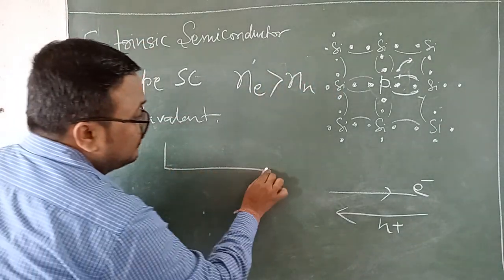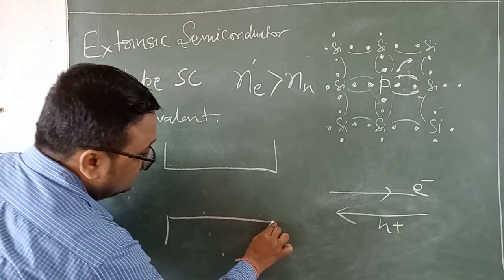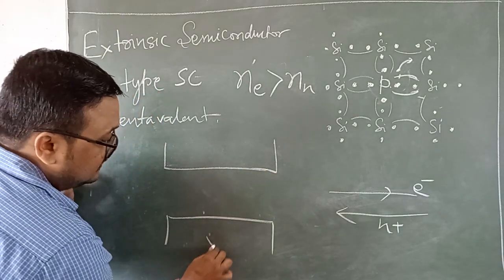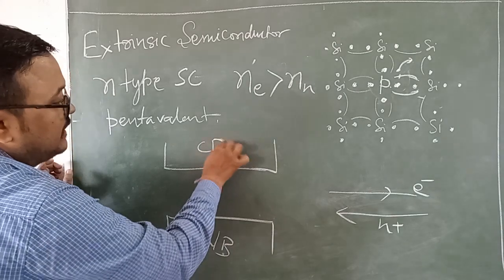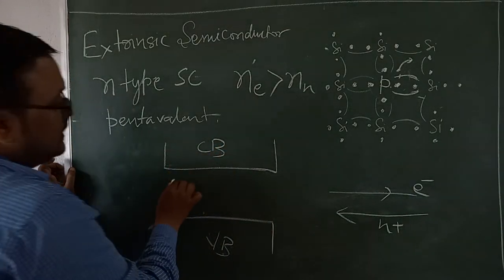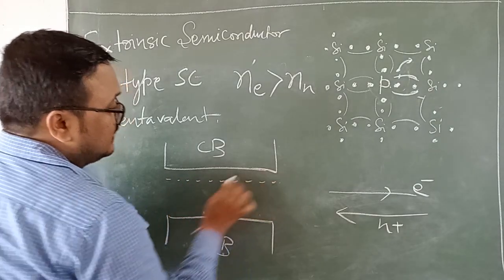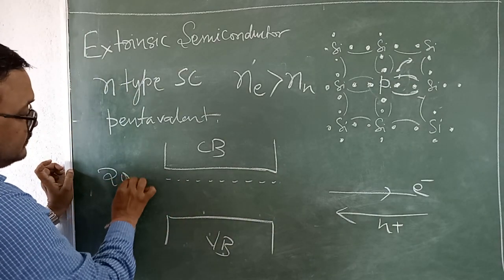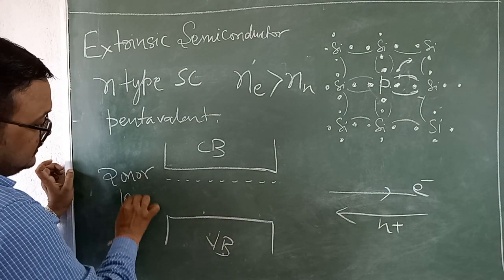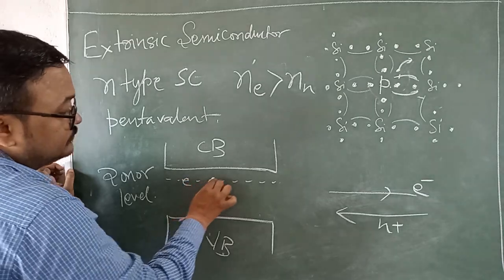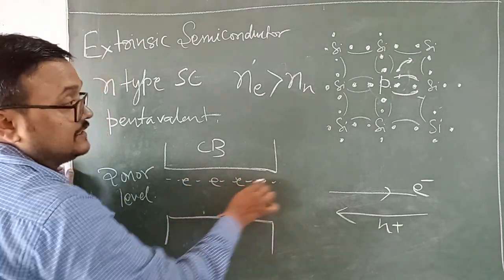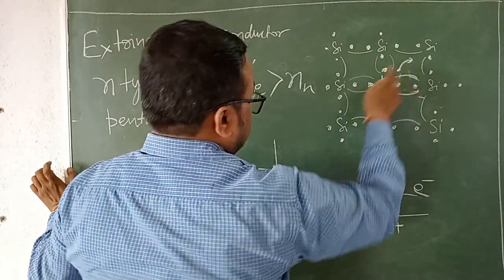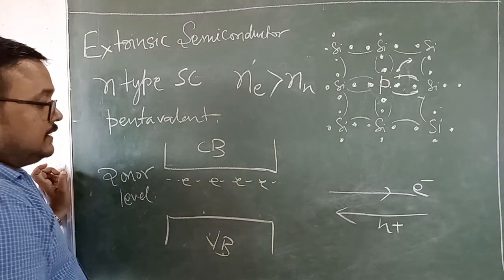If you see the band theory for this semiconductor, there is a valence band and a conduction band. Then a donor level develops. This is the donor level which contains electrons. The 5th electron of phosphorus is in the donor level.